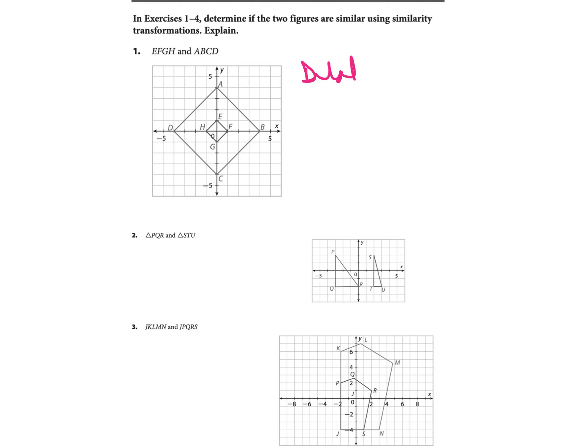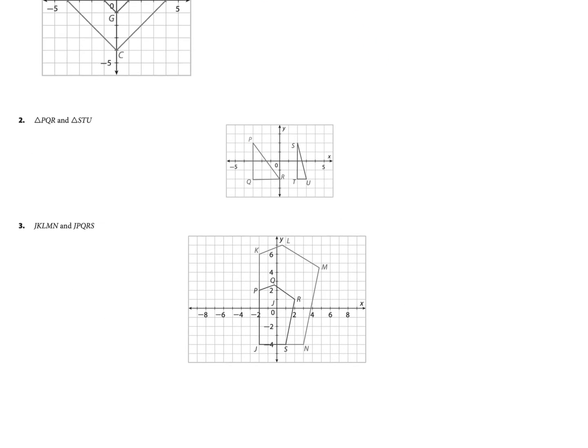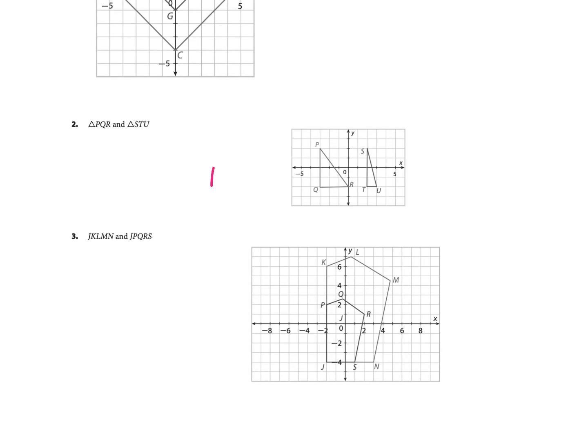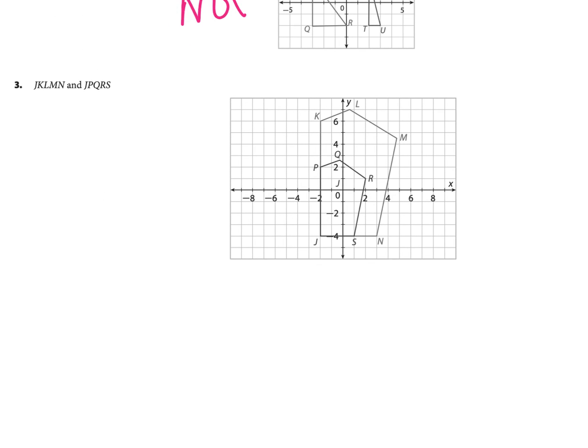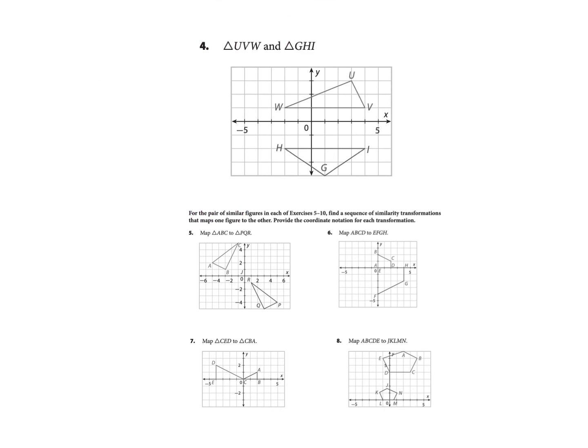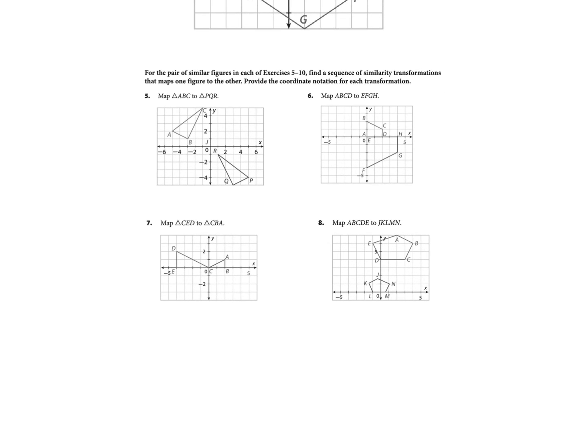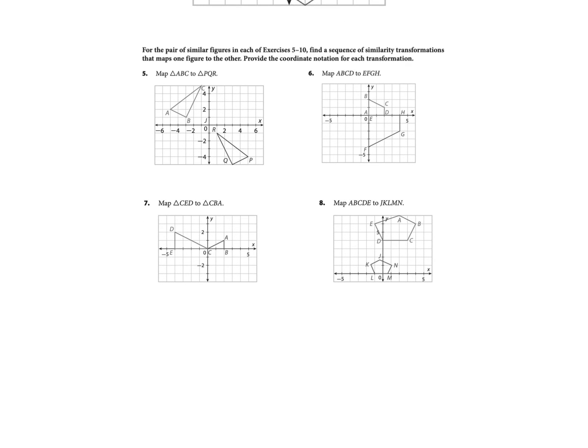Just figure out what that dilation is. Okay. This one is not similar. This is a dilation. Just figure out what the scale factor is. Crazy. That's just a flip.